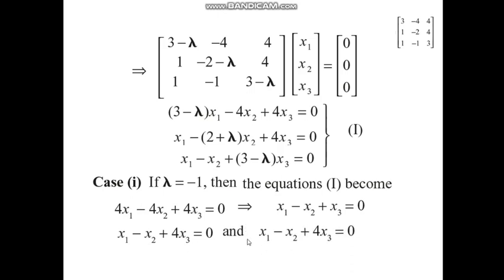And the last equation will be x1 − x2 + 4x3 = 0. So the second and third equations are repeated. We need only two different equations. The different equations are x1 − x2 + x3 = 0 and x1 − x2 + 4x3 = 0.